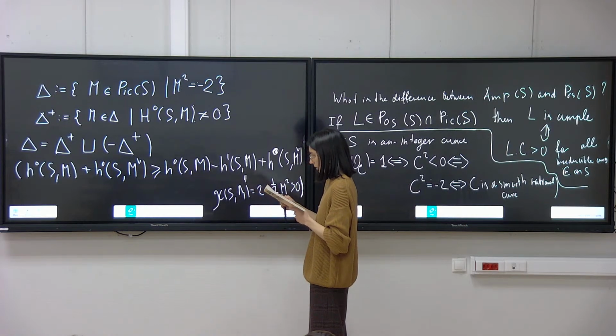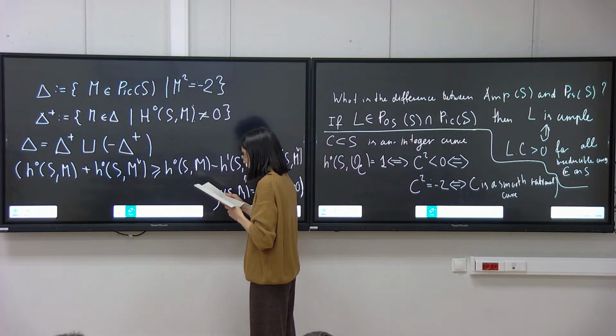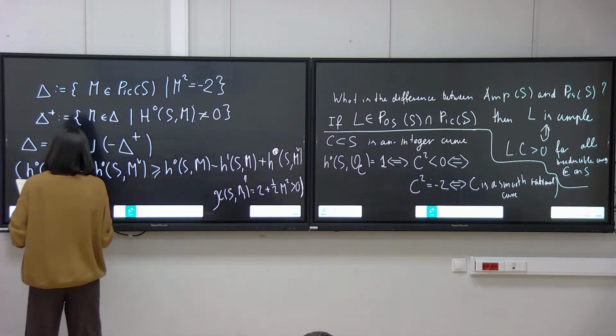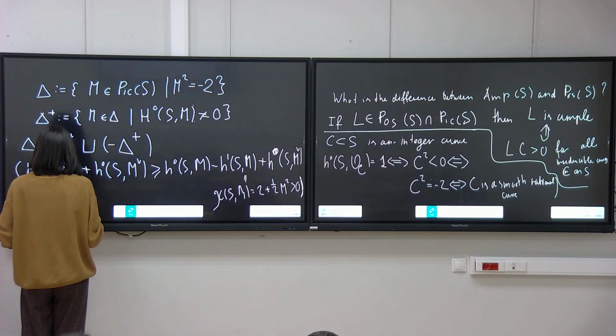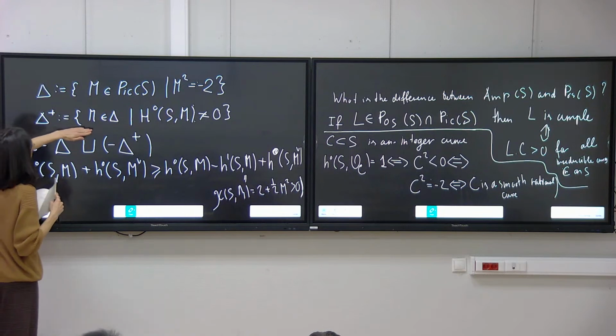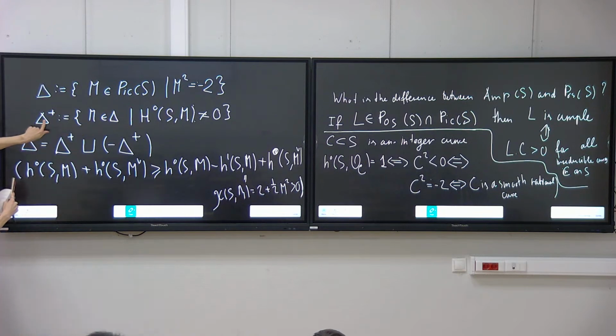Yes, and also another comment: of course, this delta plus contains all classes of rational curves on S, right? But it can contain something more.